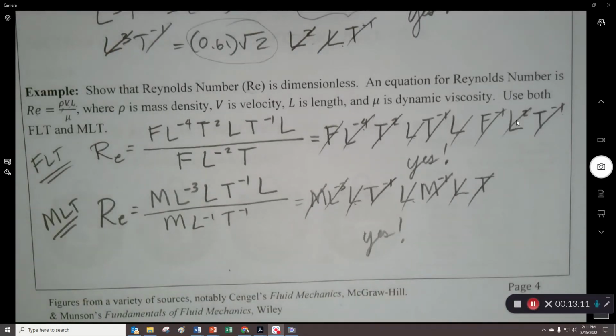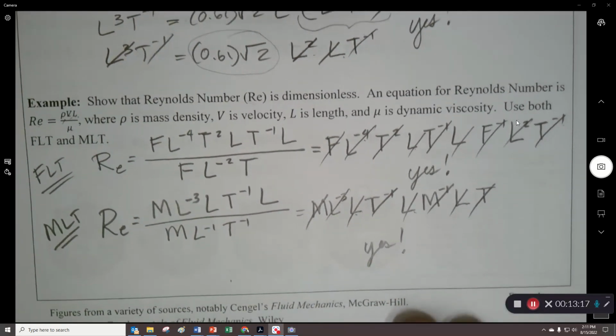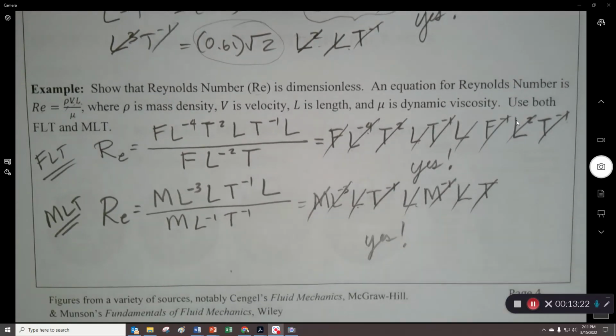Now this is going to come up, and we're going to need to use this later on in the semester in something called Buckingham pi. It's a way in which we can find what dimensionless parameters exist for a particular application, right?